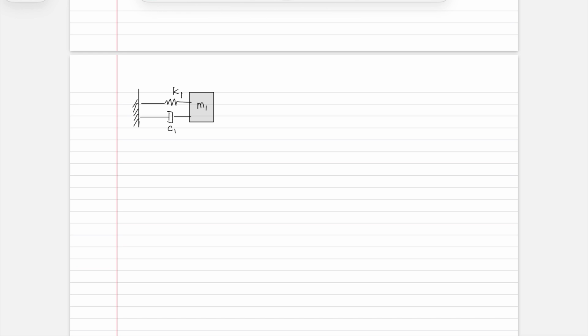So we have another spring, K2, another damper, that is C2. It's connected to another mass of M2. And there are forces acting on the system as well, which is F2 of t and F1 of t.